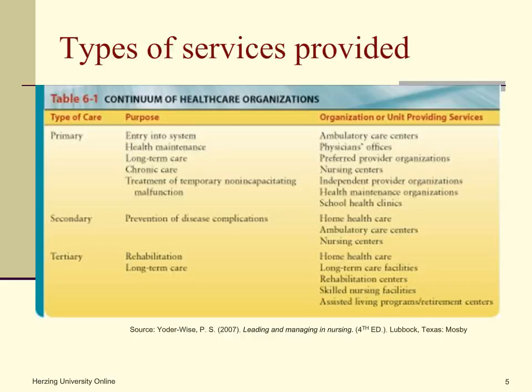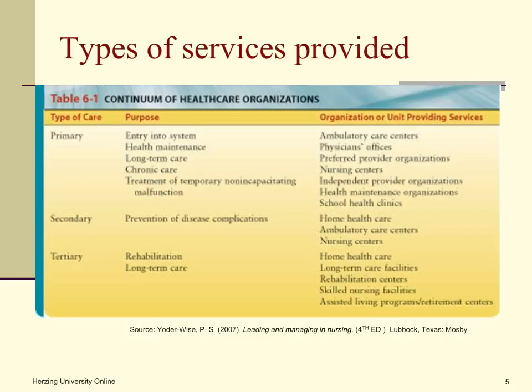As previously mentioned, the types of services provided is further expanded in this slide. The care services provided in health organizations are typically described on a continuum of health care from wellness to illness as primary, secondary, or tertiary care.